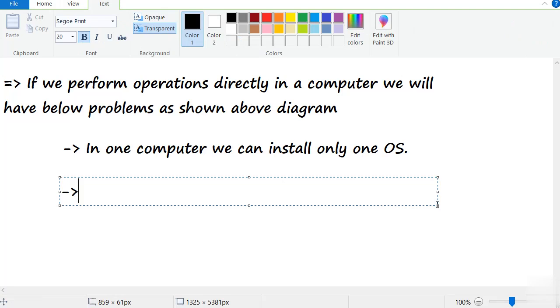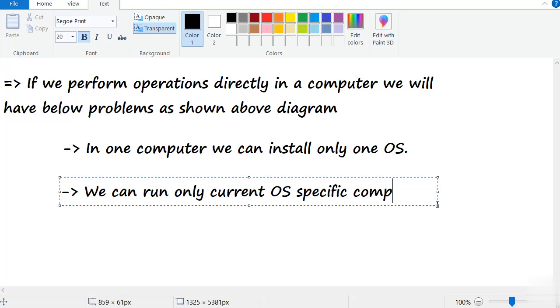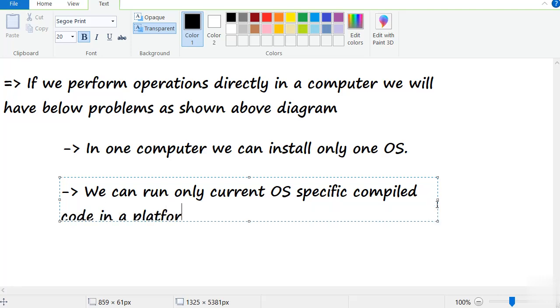Next, we can run only current operating system specific compiled code in a platform dependent way.